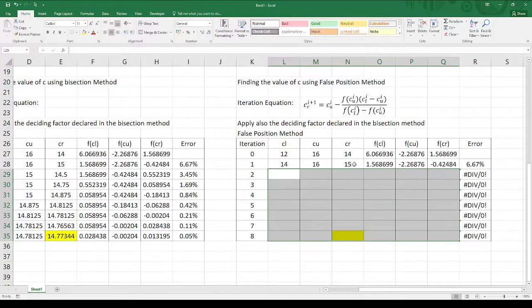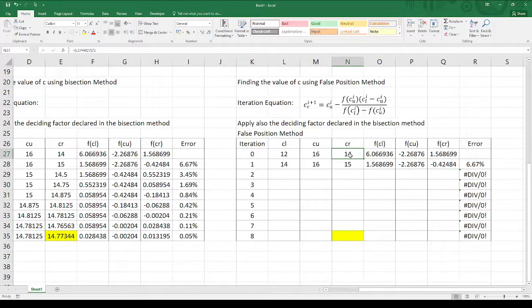Okay. So ang ma-change sa dere is how you will compute the CR. So that should be CU, which is this one.